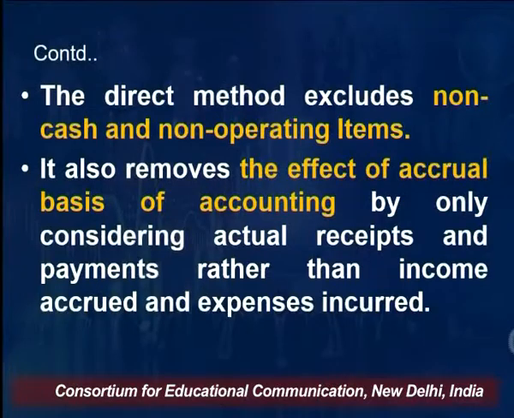This we have to keep in mind. And we also remove the impact of, as I told you at the very outset, the accrual basis of accounting and also the matching principle, right? So while dealing with the cash flow from operating activities, we take up gross receipts, we subtract gross payments from them, and then we declare that this is either my net cash generated from operating activities or net cash used in operating activities.